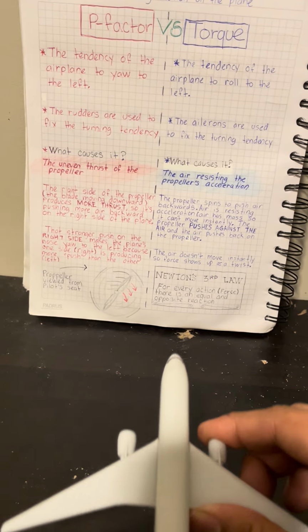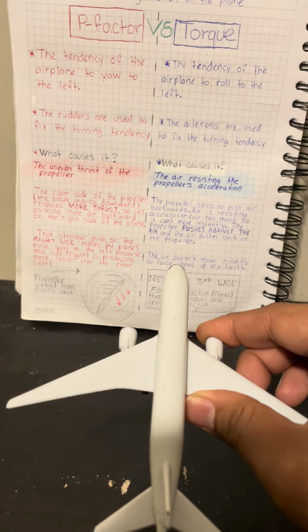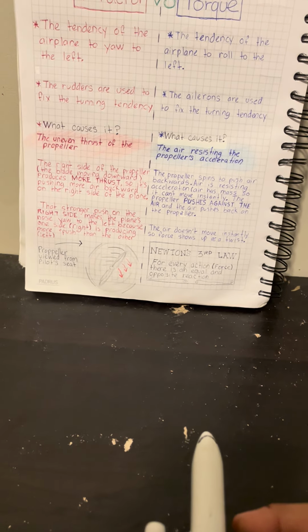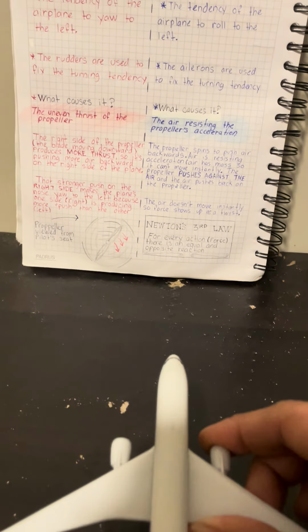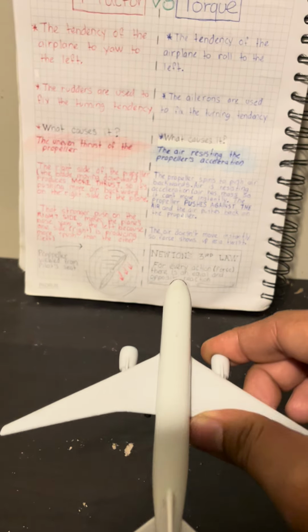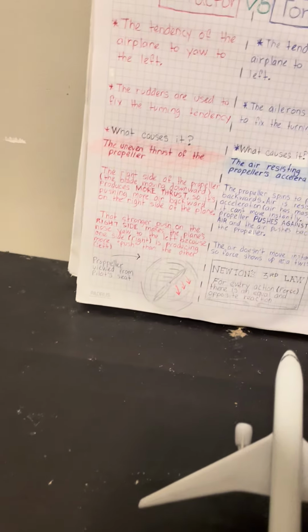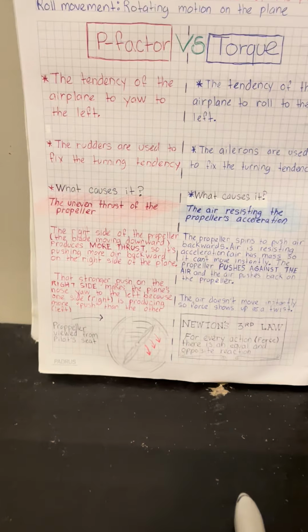Why? Because of the tendency of the aircraft to yaw to the left. So this is what would happen if we do not use enough right rudder. So we're taking off, everything seems smooth until the plane wants to do this. So that's why we have to use right rudder.